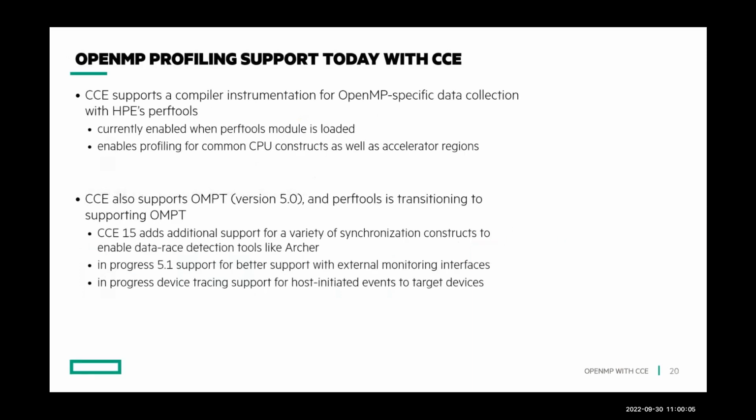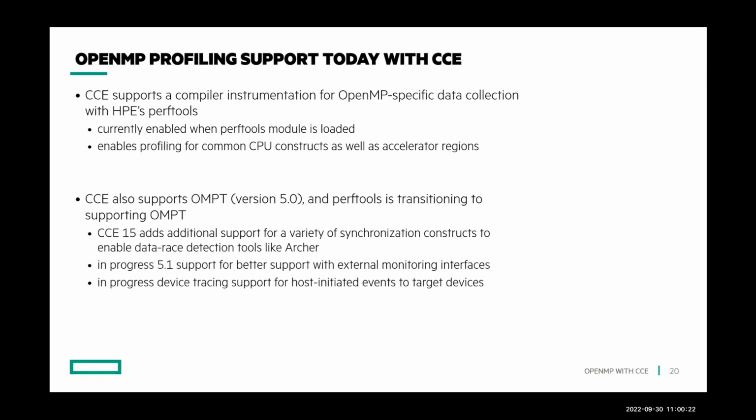All right. So next, I wanted to talk a little bit about some of the tool support we have in place for OpenMP. For profiling support, something we've been supporting for quite a while is our own compiler instrumentation for OpenMP that will collect OpenMP-specific data using HPE's perf tools.